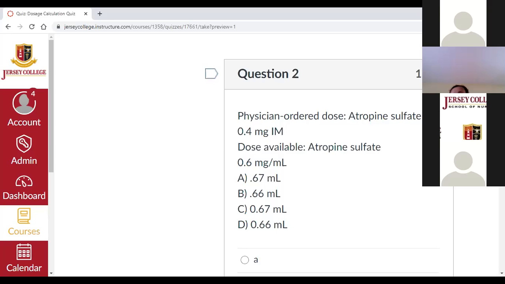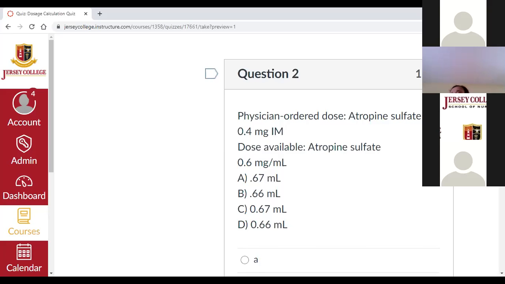I'm just so dyslexic when it comes to that. So we have 0.4 ordered, and we have 0.6 on hand. So that brings us out to 0.666 infinity, right? Yes. So on that one, you're going to round it up using that third 6.